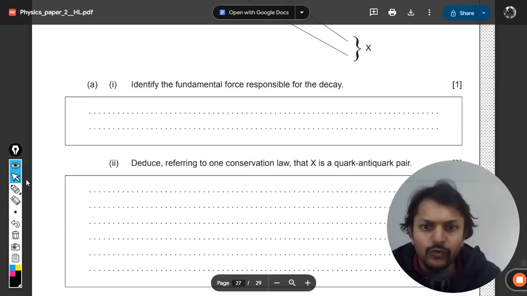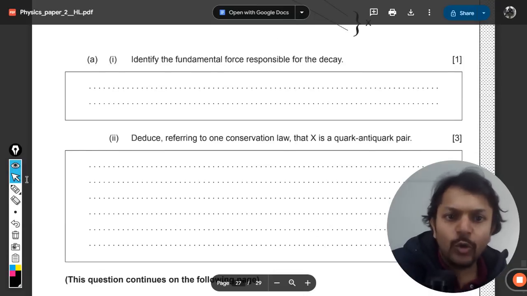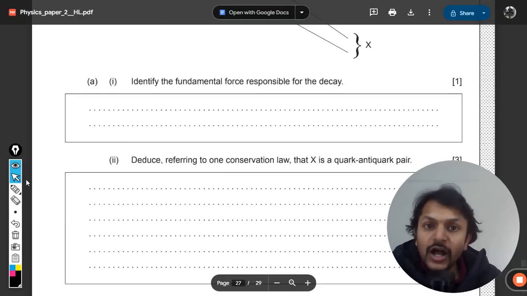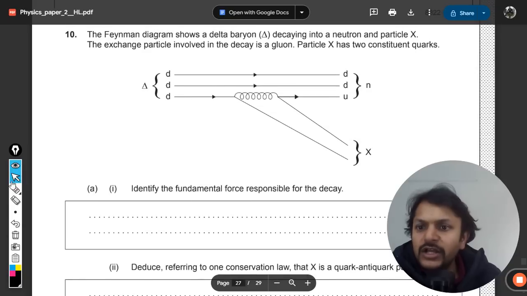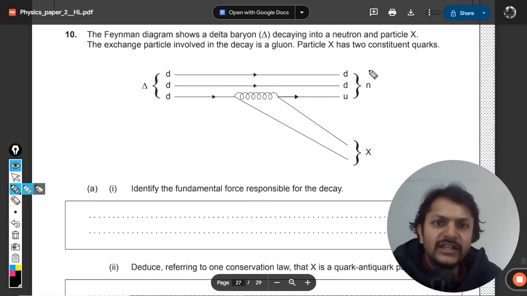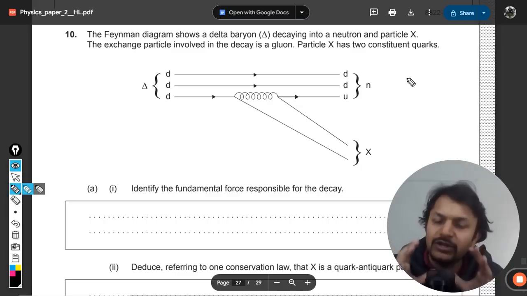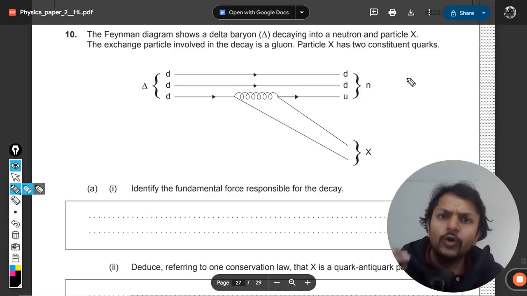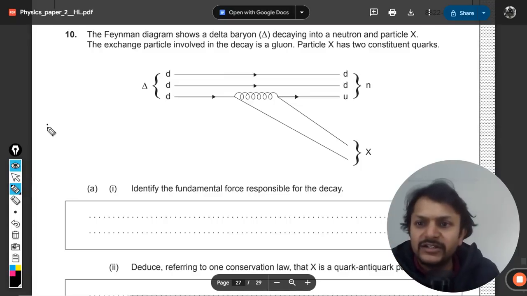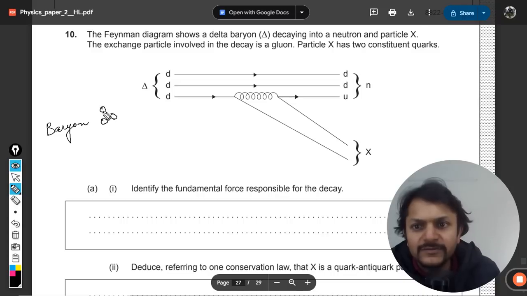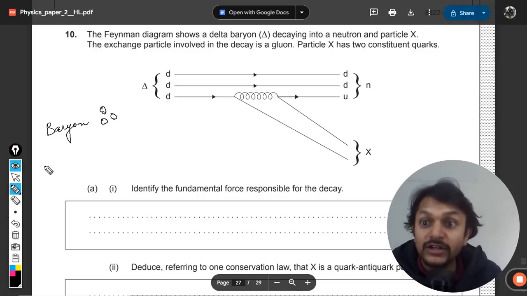Deduce, referring to one conservation law, that X is a quark antiquark pair. I have already told you that according to the philosophy, when quarks come together and make a bigger particle, only three types of particles can be created. The first is the baryon, which uses three quarks. All those three are quarks.